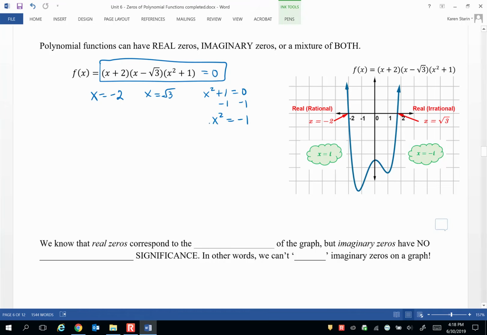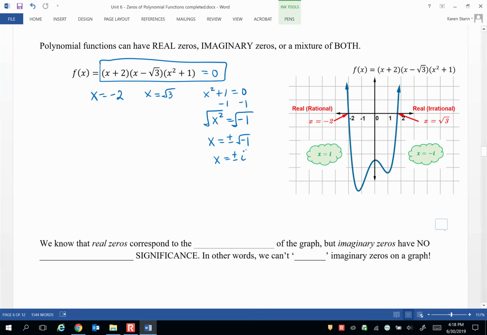And then we have the square root property, where we take the square root of both sides. We'll have both the positive and negative square root of negative 1. Well, we just defined what the square root of negative 1 is, and that is i. So x could be plus or minus i.